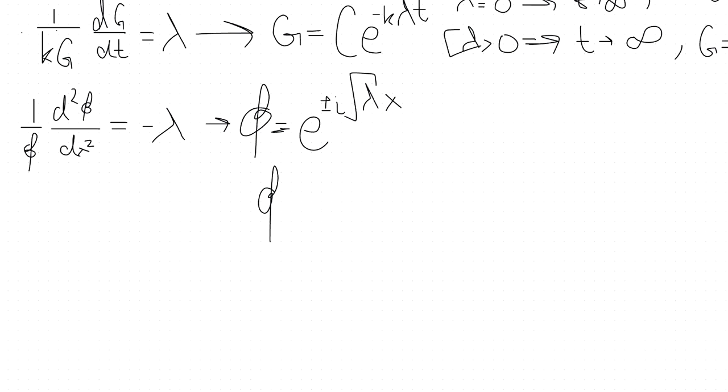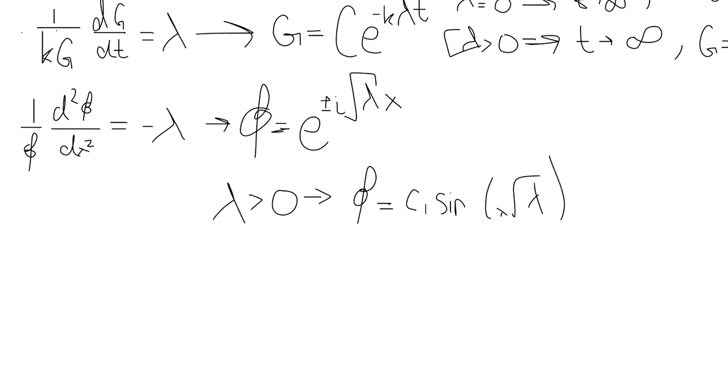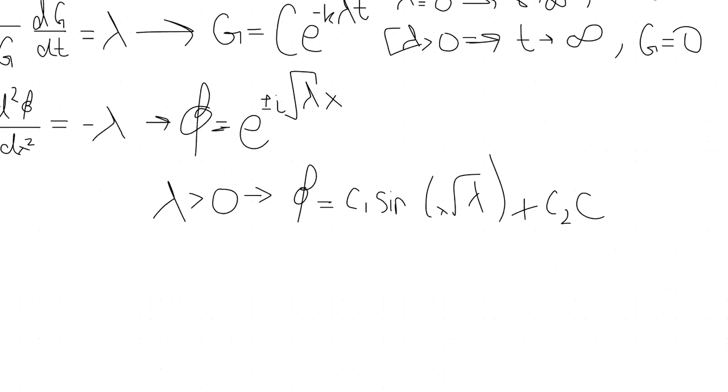For if lambda is greater than 0, then we have this imaginary term on the outside, and so we will get a solution of phi equals c sub 1 sine of x times the square root of lambda plus c sub 2 cosine times x square root of lambda.